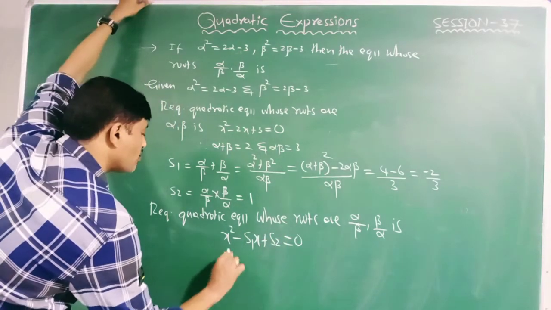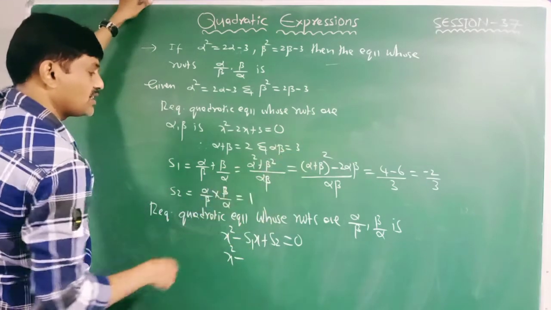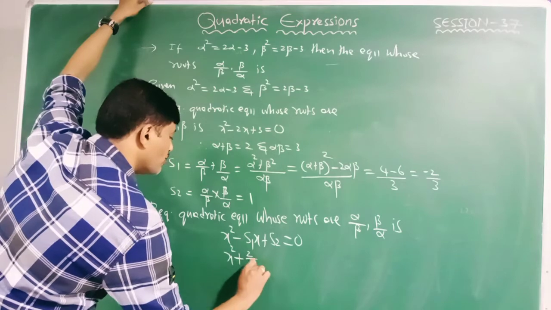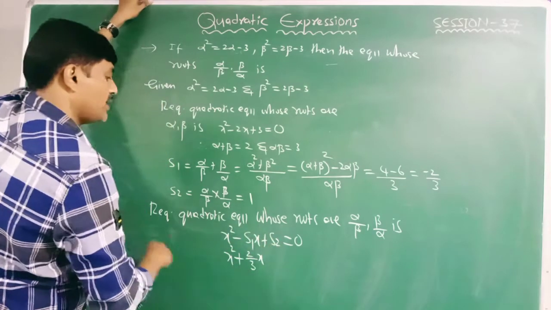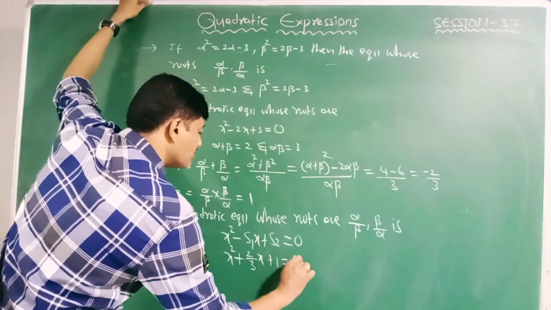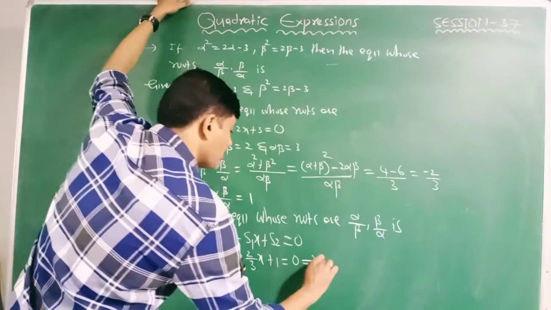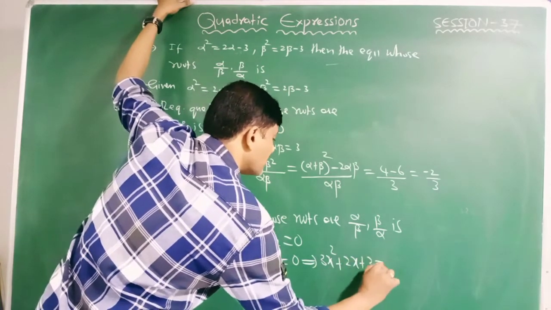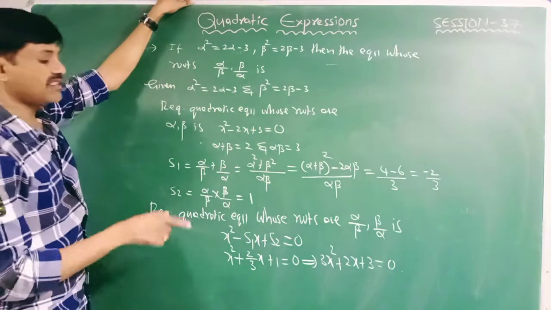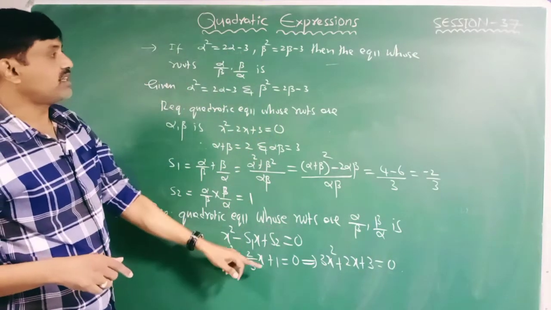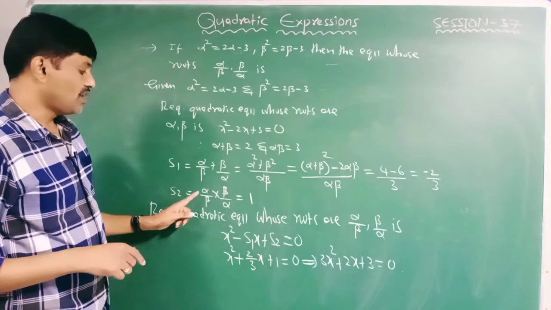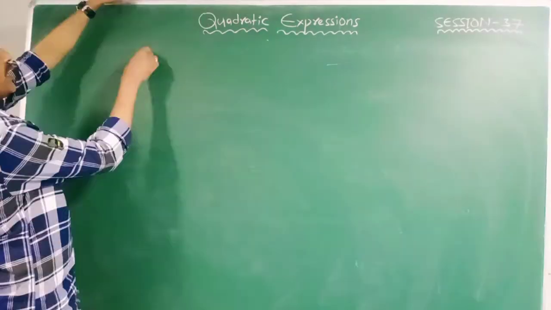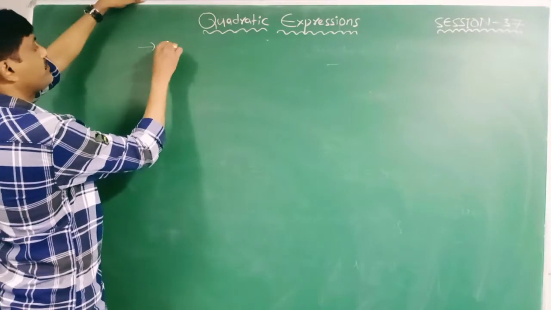Therefore, x square minus S1, minus 2 by 3, means minus of minus 2 by 3 of x, plus S2 we got 1. Take LCM, that is 3x square plus 2x plus 3 is equal to 0. This is the required quadratic equation whose roots are alpha by beta comma beta by alpha. Let's move on to next question.